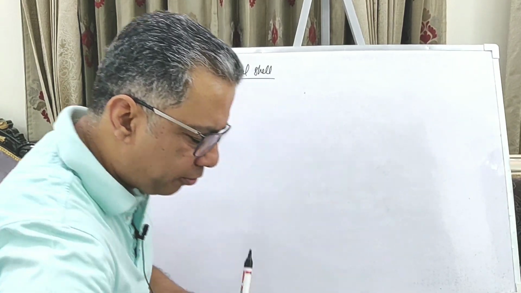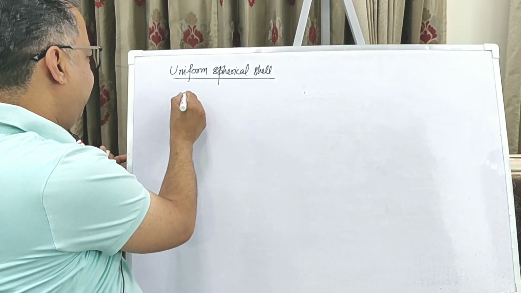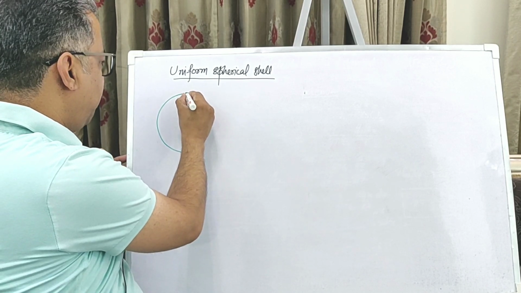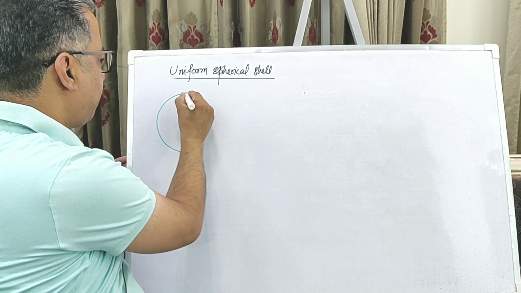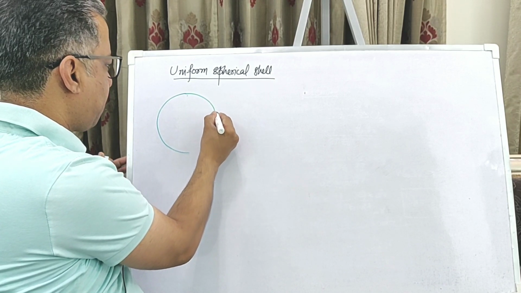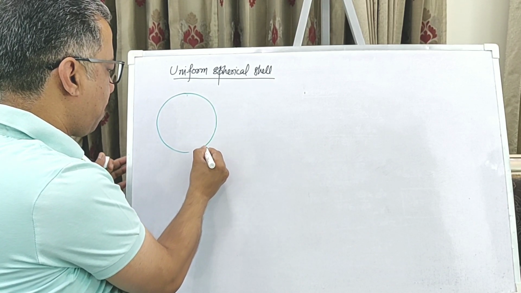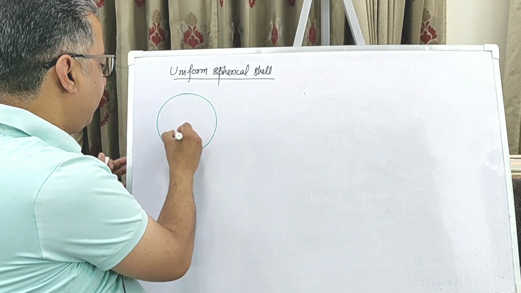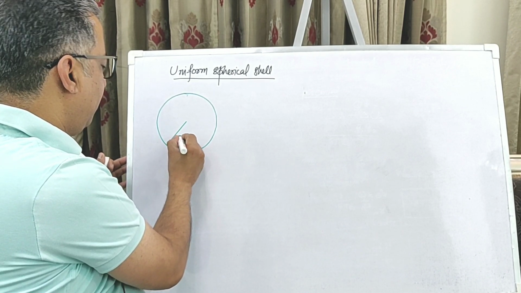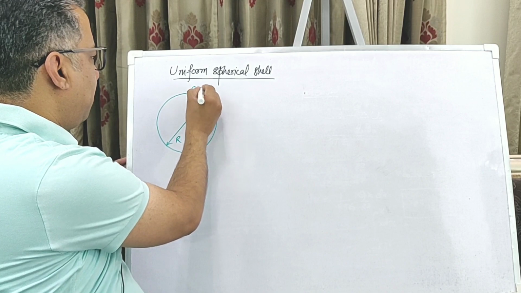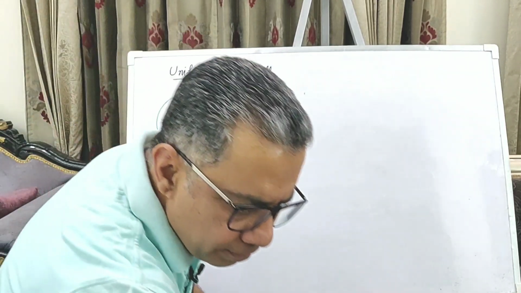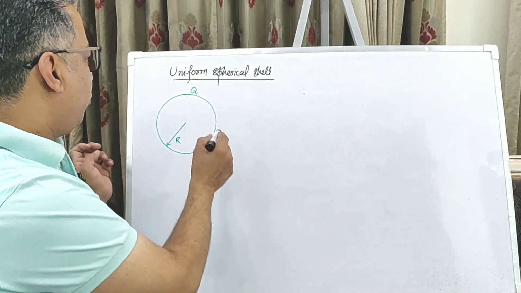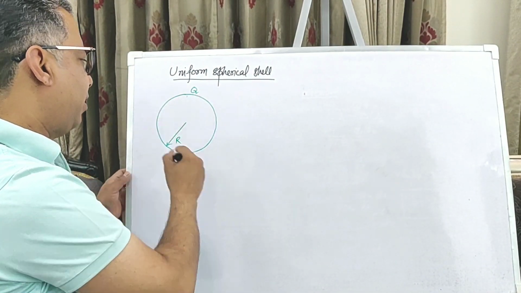Now with a uniform spherical shell of charge, let's say we have this shell and it carries a charge Q, it has a radius R. It's a shell, so all the charge resides on the surface.